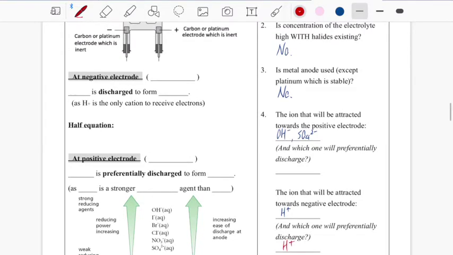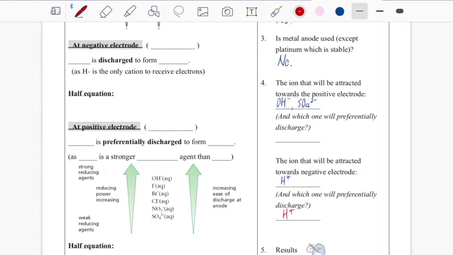So how do we know whether OH minus or SO4 2 minus is going to be discharged here? This is a section of the electrochemical series. We know as we go up this table, the reducing power increases.